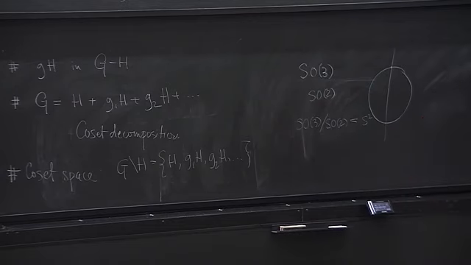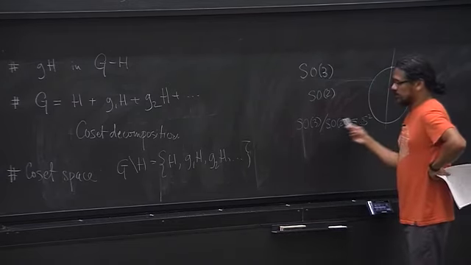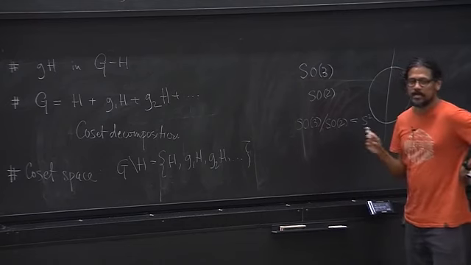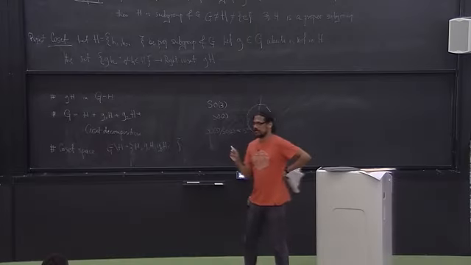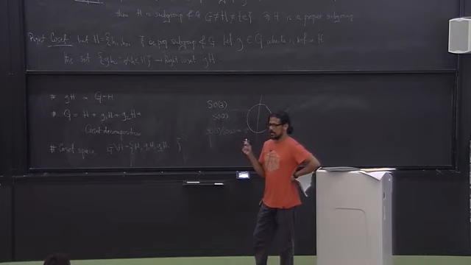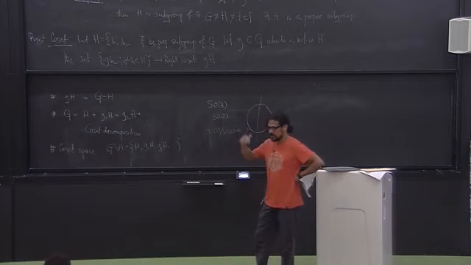So the two-sphere can be seen as a coset space of two groups.